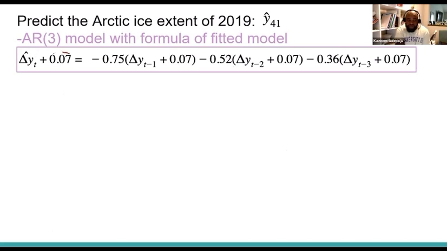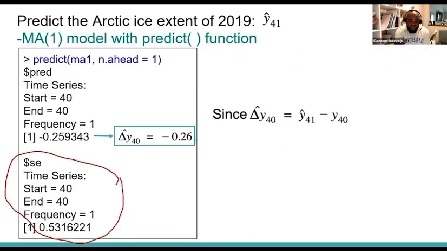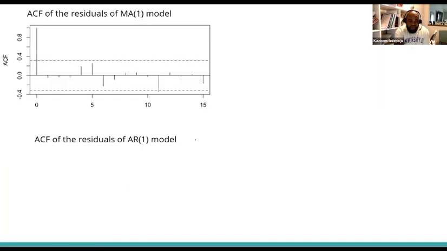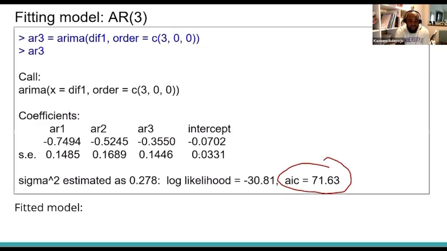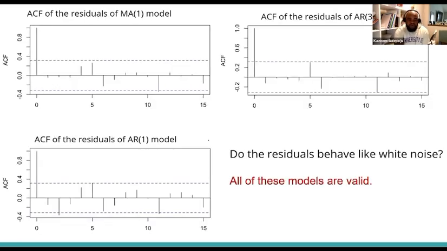I'm writing that. Don't forget this is the mu, 0.007. If you go back to the output for AR of order 3, do you see this guy? The intercept, I told you it's always the mu. That's the estimate of the mu. Don't forget that.